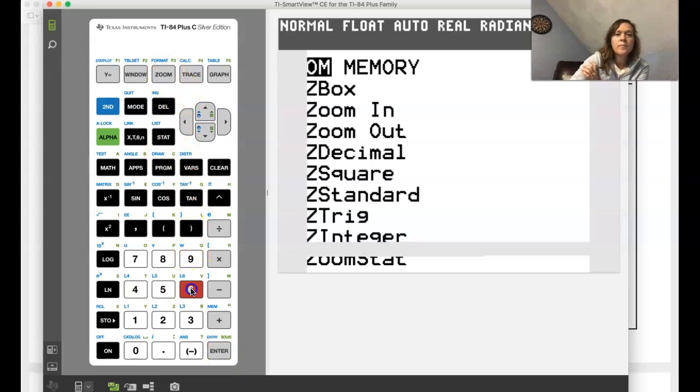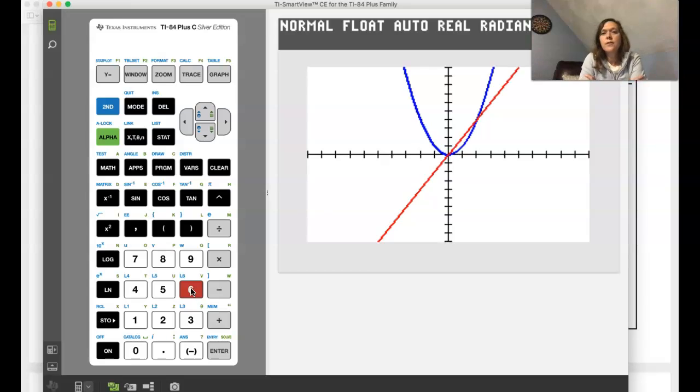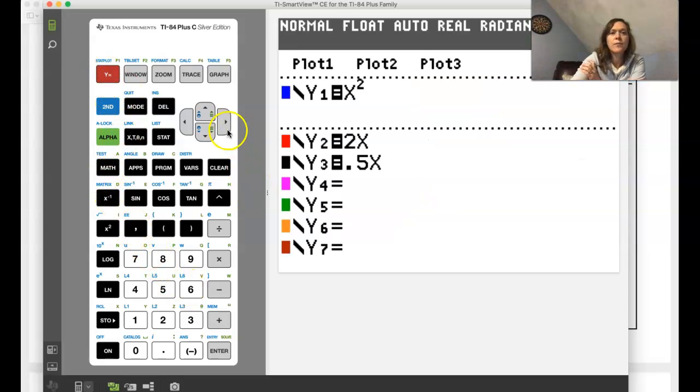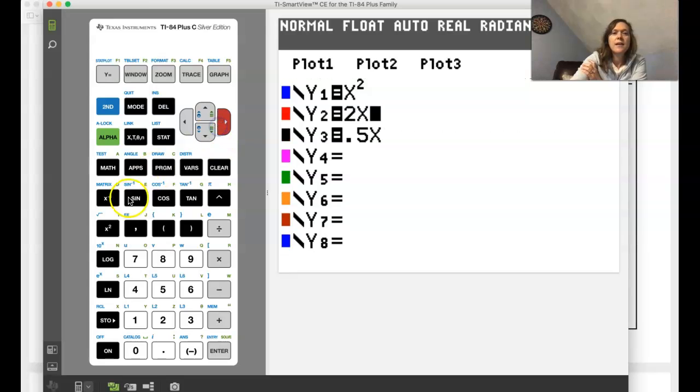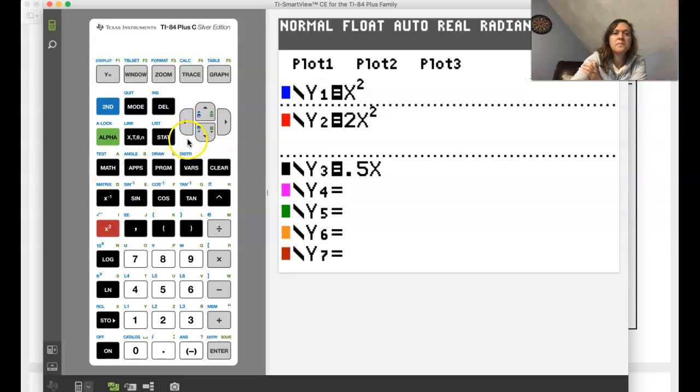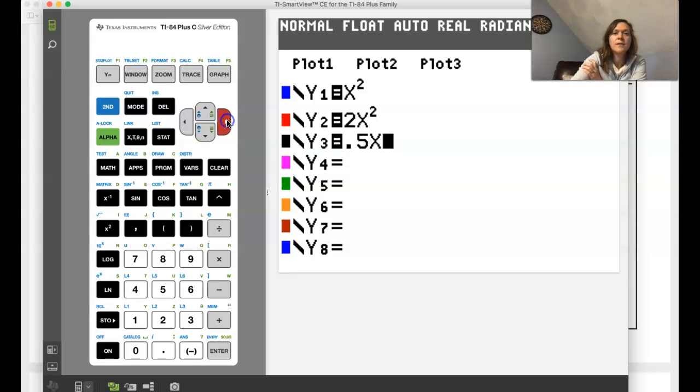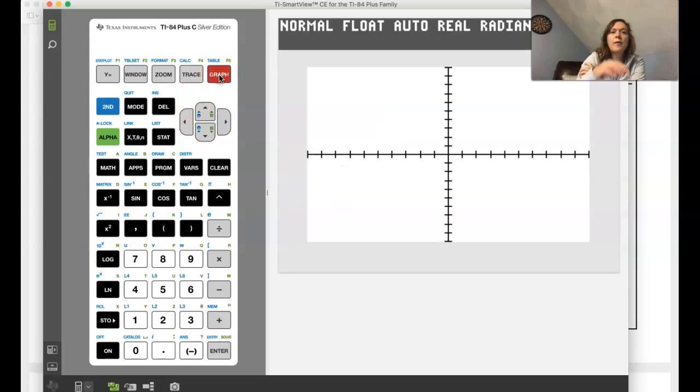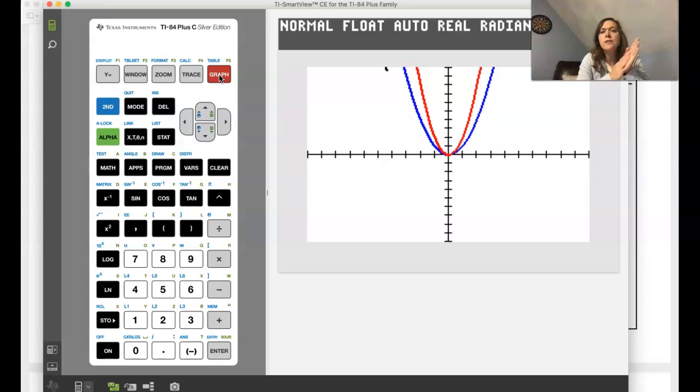All right, so here are our 3 different graphs. Oh goodness, where'd that stuff come in? I forgot my x squareds. X squared, there we go, and 1/2 x squared. Okay, so now when I go back to my graph, we have the original, then the 2x, and then the 1/2 in black. Does everybody see how the original was the blue?